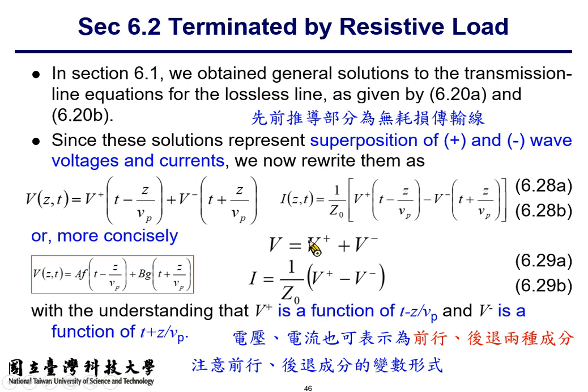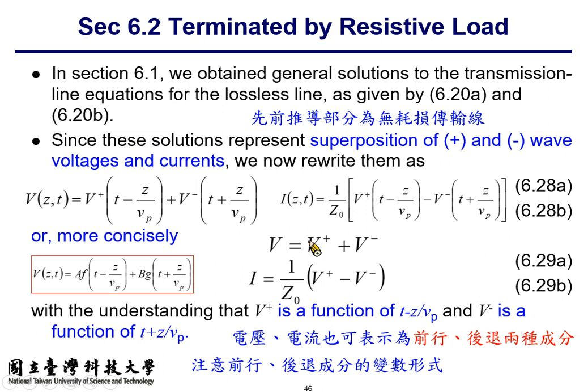As to the current signal, again, it can be decomposed into the I plus and I minus parts, which stand for the positive and negative going current signals. And there's one additional condition that we know in the transmission line: the voltage and the current shall remain at a ratio, that is the characteristic impedance of the transmission line.